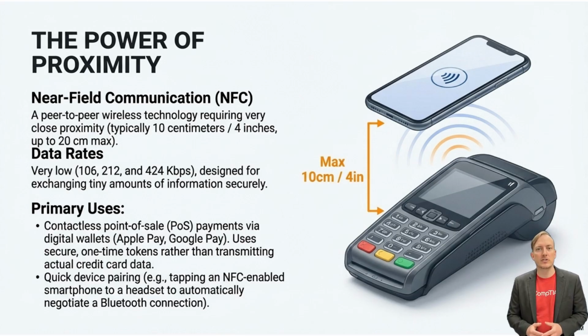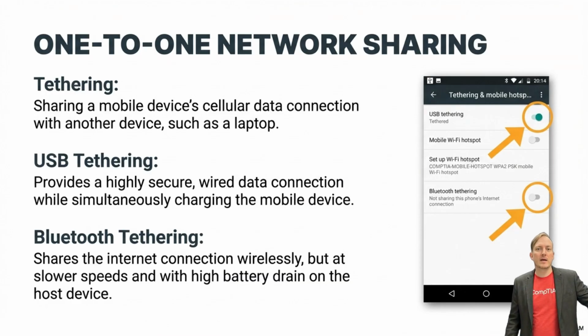Its primary uses include contactless point-of-sale payments via digital wallets like Apple Pay or Google Pay, which use secure one-time tokens rather than transmitting your actual credit card data. It is also used for quick device pairing, like tapping an NFC-enabled smartphone to a headset to automatically negotiate a Bluetooth connection.